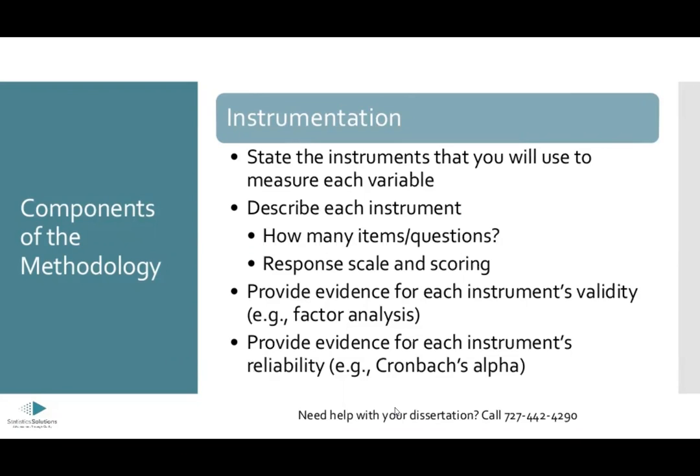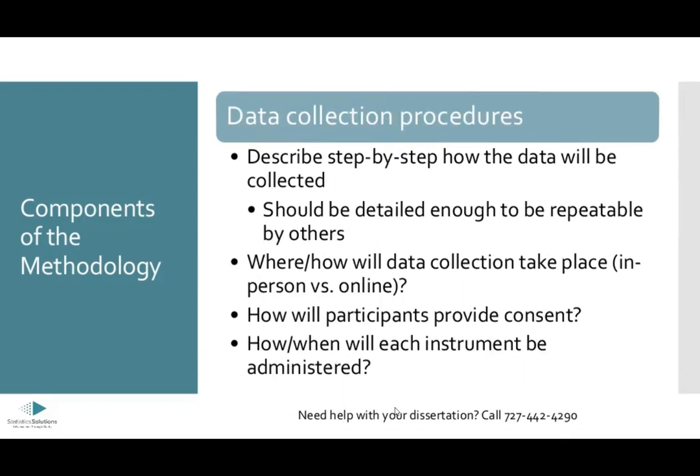So you might want to describe when the data set was created, the types of questions that the data set asks, things like that. And then in the data collection and procedures section, since your data is already collected for you, you will be reporting back what those data collection procedures were for the researchers who created that data set, and also talking about the steps that you had to take in order to access it.